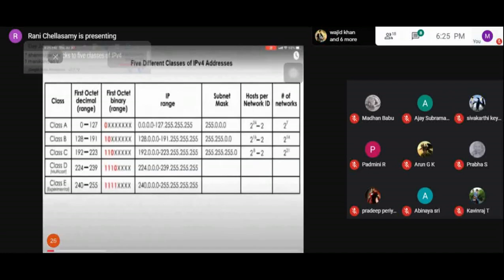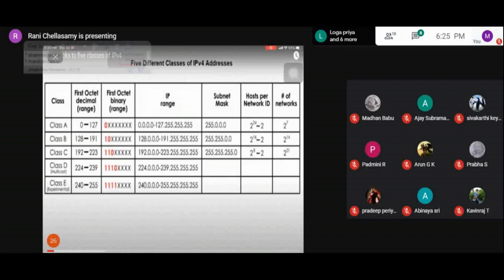So you can see the 5 different classes of IPv4 addresses. In the following slides, we are going to see how we get this tabulation.